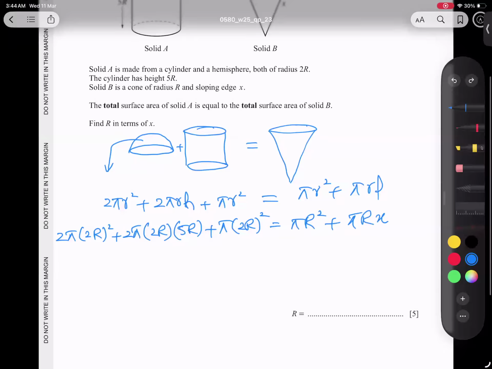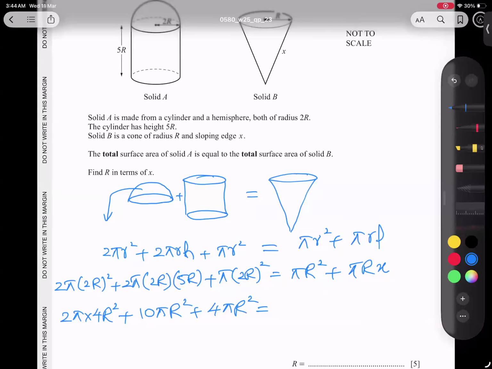Now my main job is to make R the subject. So how to get it? Let's try. Square of 2 is 4, so 2 pi into 4 R square. 2 2s are 4, 4 5s are 20, and R into R, so 20 pi R square. Square of 2 square of R, so 4 pi R square. Let me check.